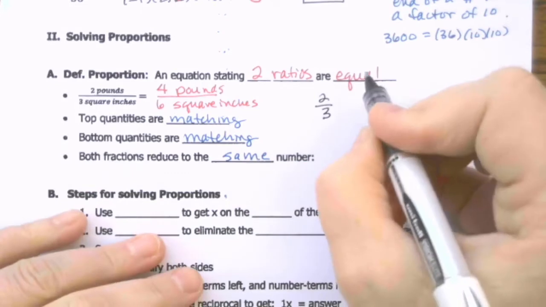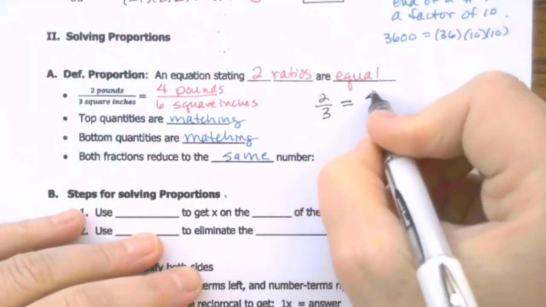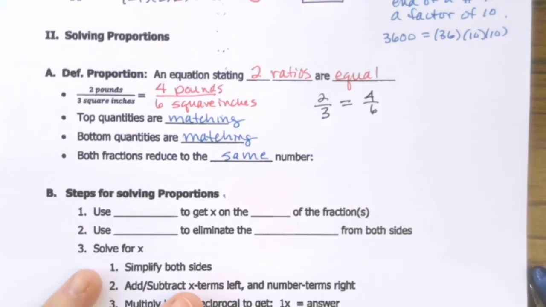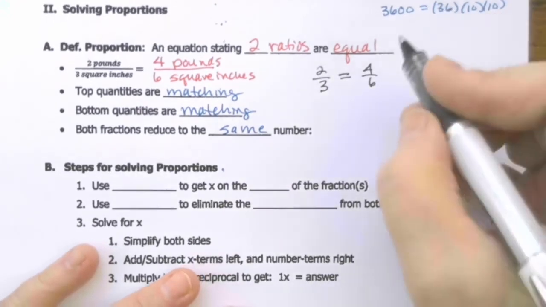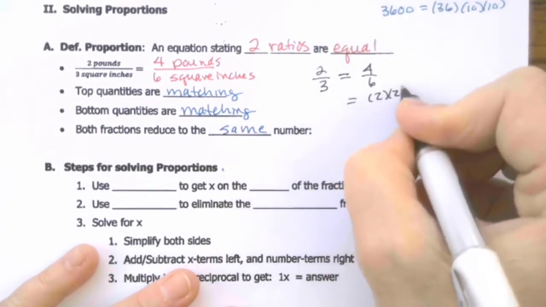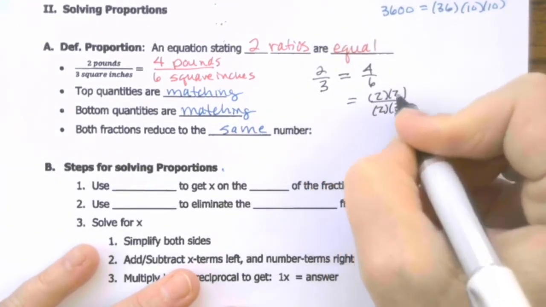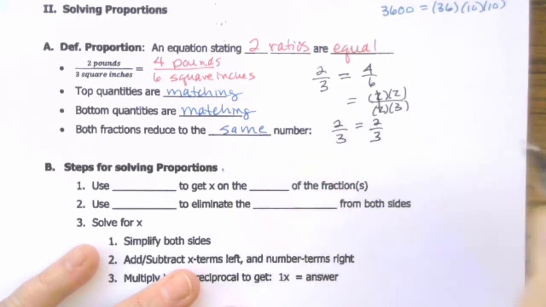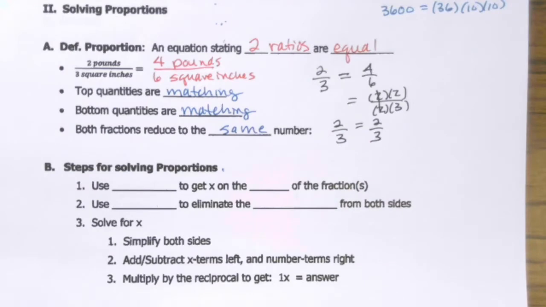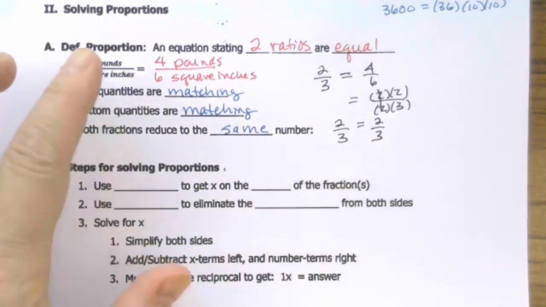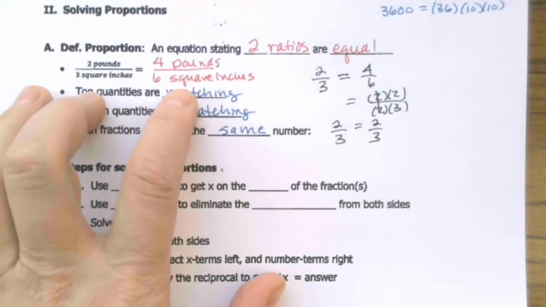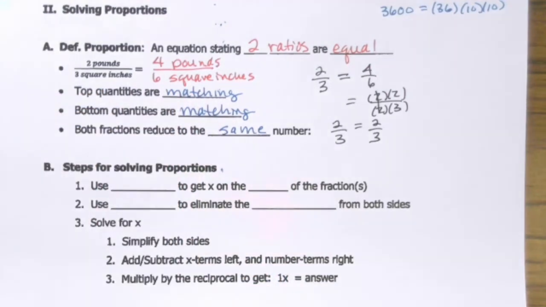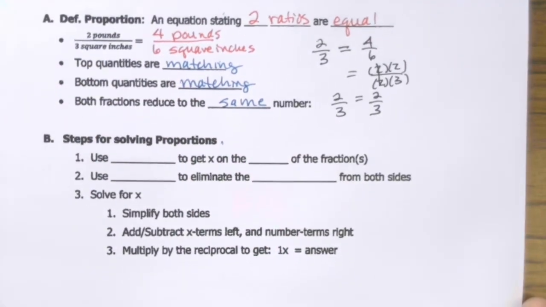The one on the right is 4/6. If we factor 4/6 into 2 times 2 over 2 times 3, you can see that the left and the right actually do equal each other. That means it's a proportion. Same units on top, same units on bottom, and the numbers reduce to equal fractions.